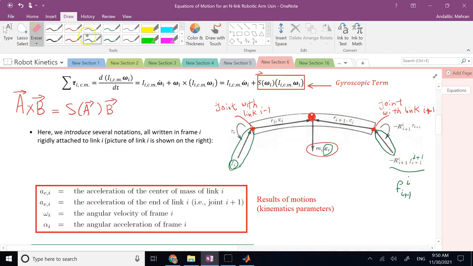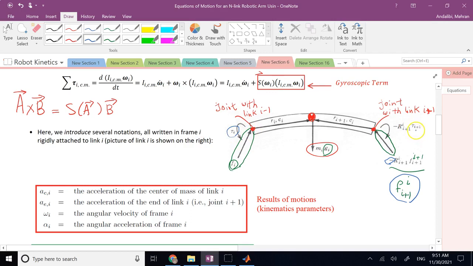Well, that's action and reaction. This force is applied by this joint to link I plus 1 from link I, and then the reaction of that from link I plus 1 is applied to link I. So this negative is because of the reaction. The same thing goes for the torques. Here you have torque I, which is the torque applied at joint I by the motor.